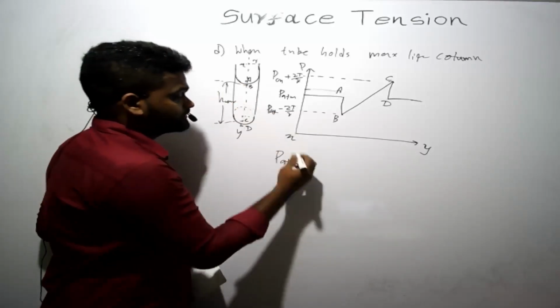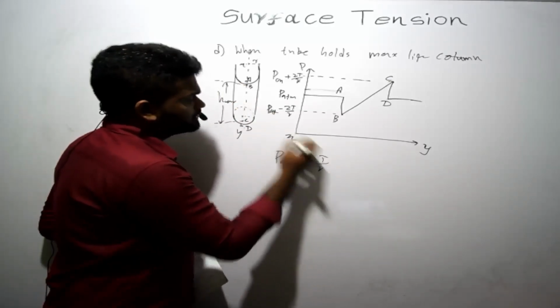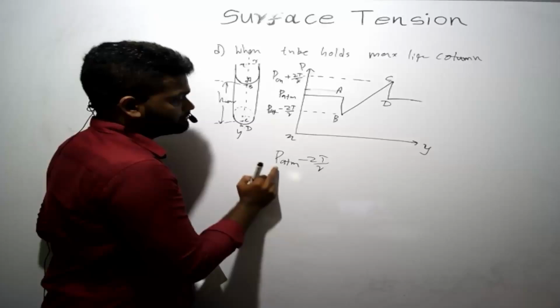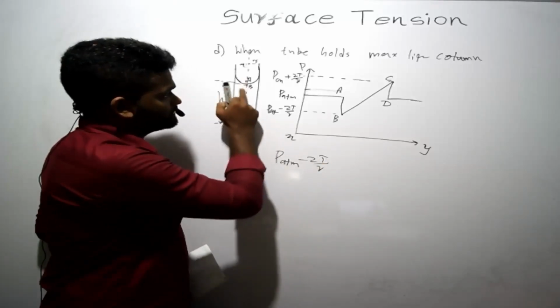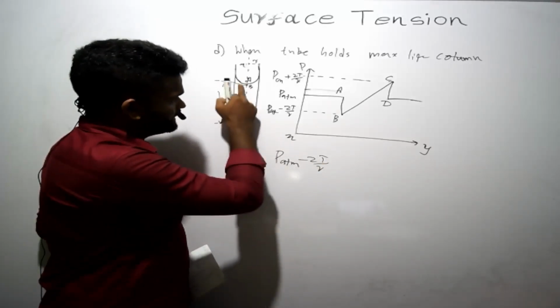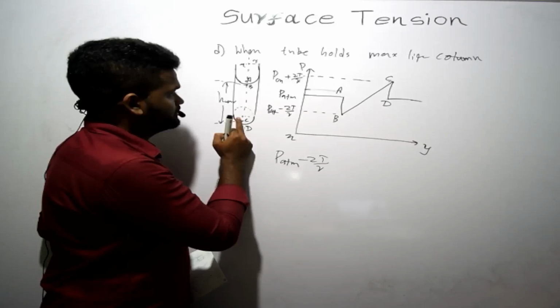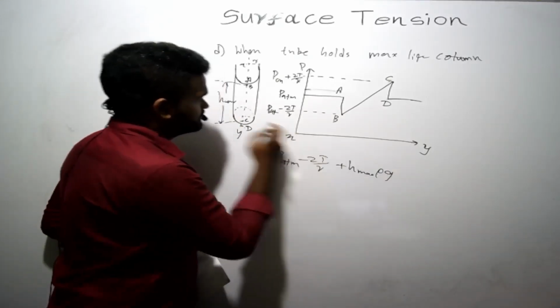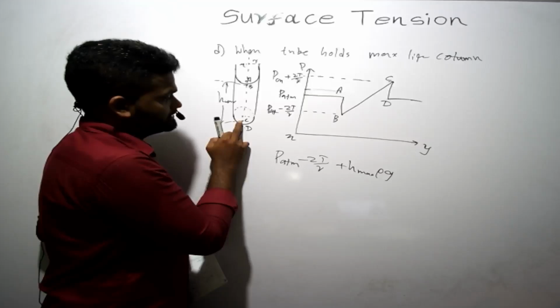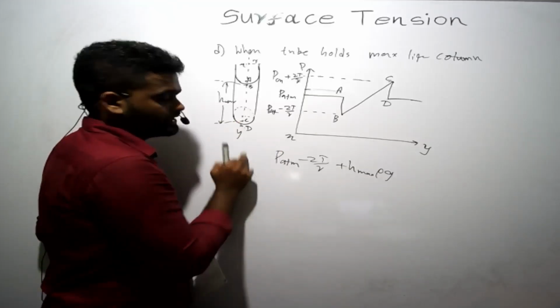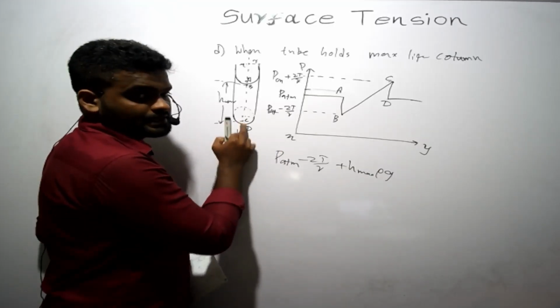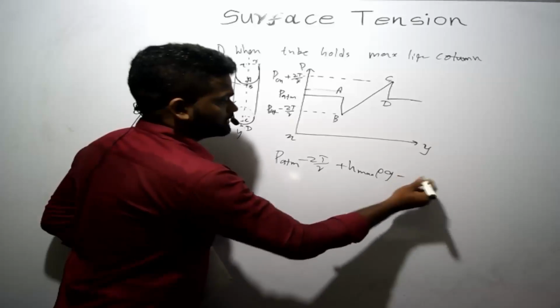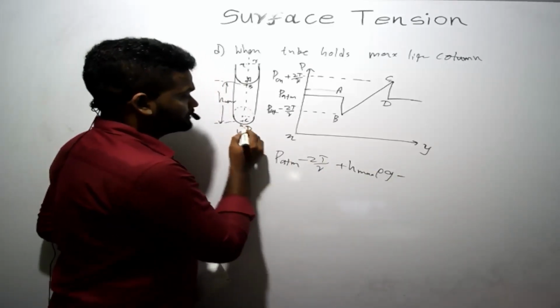Slightly below. At B, PATM minus 2T over R. Then from here to here, hydrostatic pressure. You need to add plus H max rho G. So that's the pressure at C. Then go to D. To D, you need to subtract 2T over R.